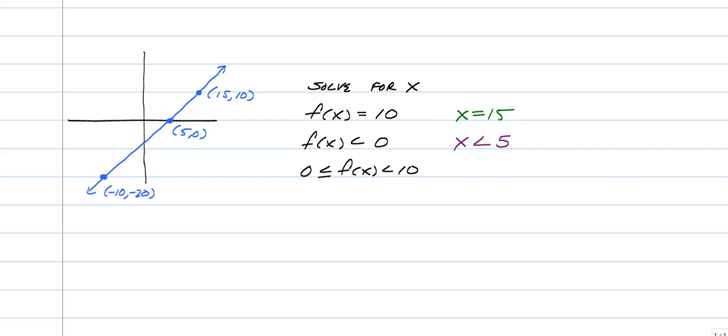And for the last part, from 0 to 10, y, or the function, is equal to 0 to 10 when x is 5 to 15. And remember to keep the same things. This should be less than.